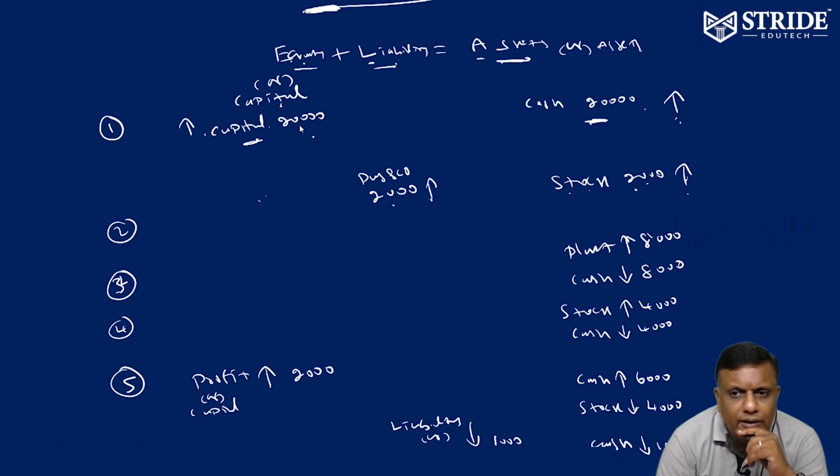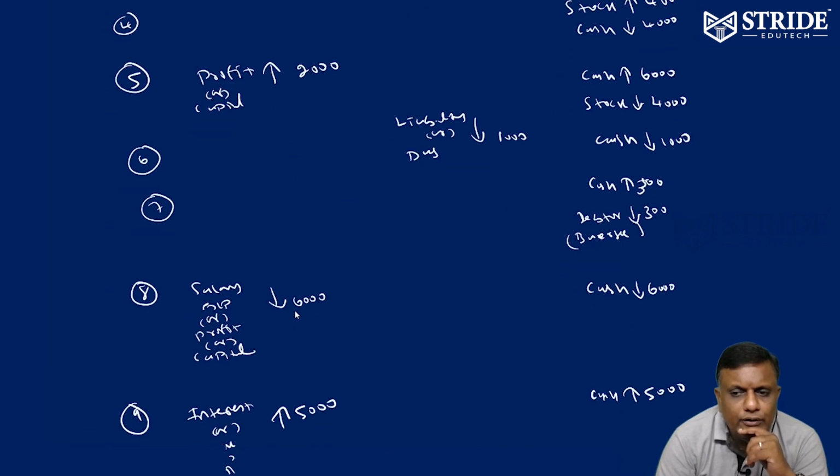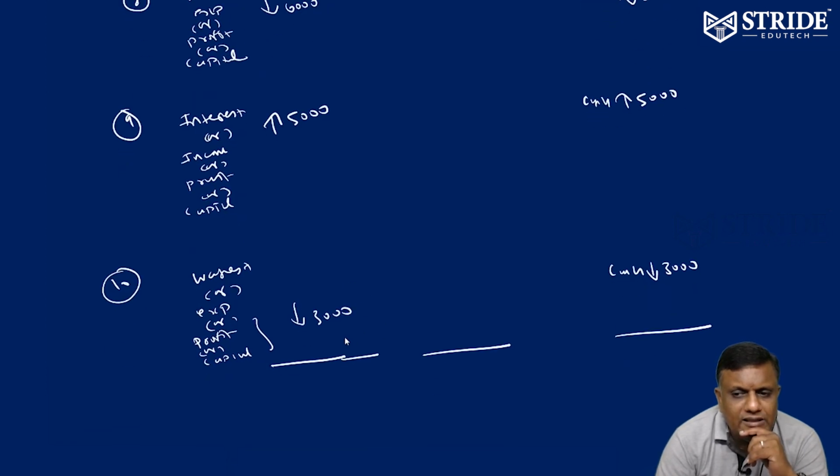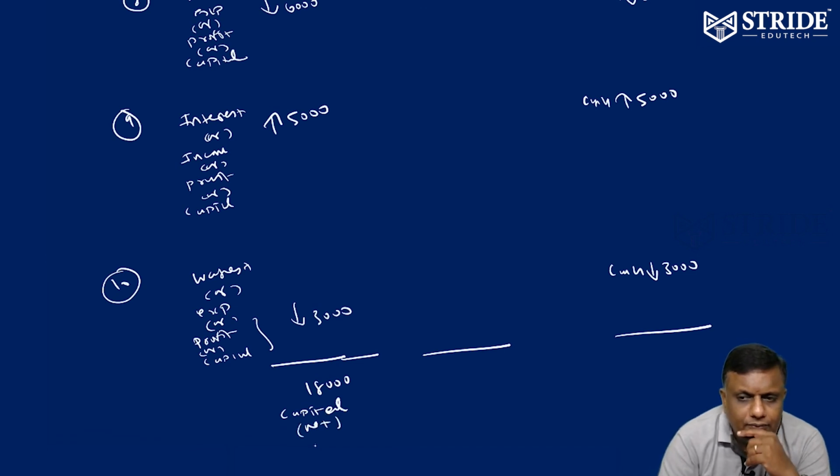Plus 2,000, 22,000. 22,000 minus 6,000, 16,000. 16,000 plus 5,000, 21,000. 21,000 minus 3,000, so 18,000. Net adjustment 18,000 capital. Increase means plus, decrease means minus.